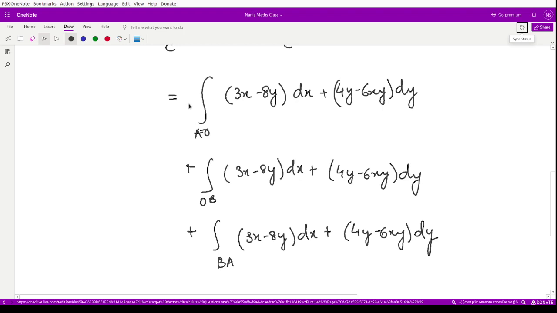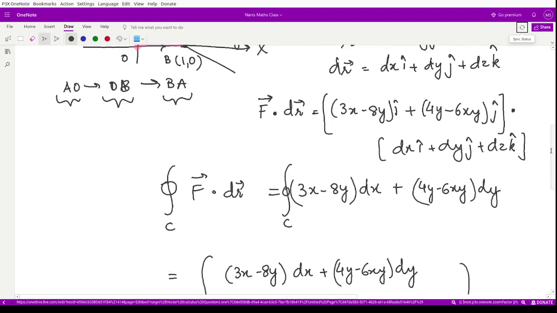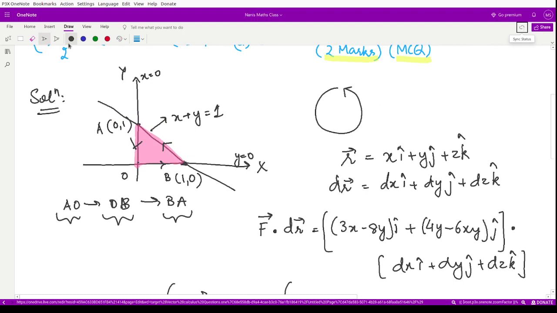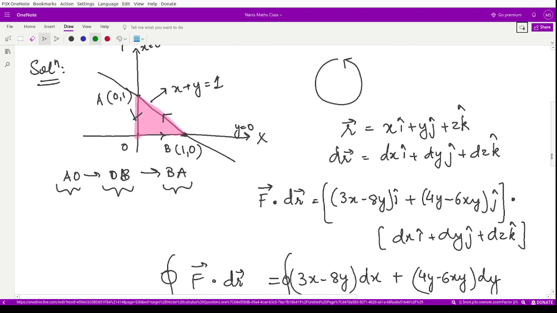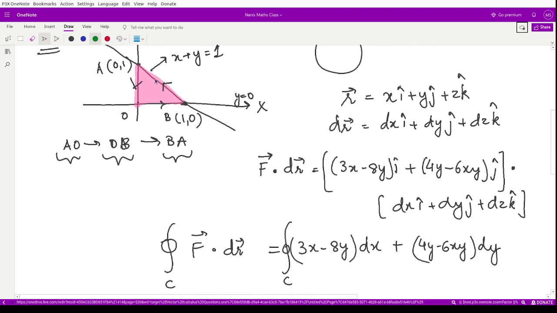Now in order to solve this integration, you have to look carefully at your path. So for that, let us again move back to our region of interest. Let us calculate what happens when you move from A to O. When you move from A to O, you see that the value of x remains constant. Here this point is 0, 0.